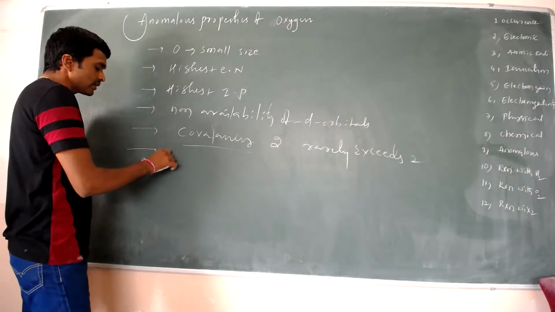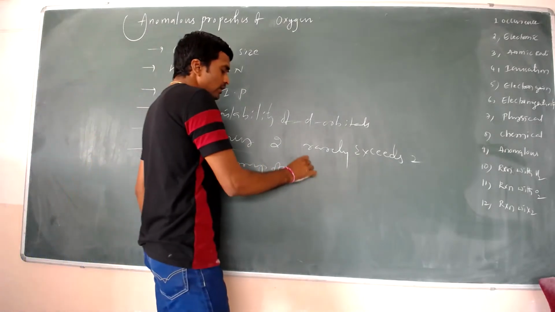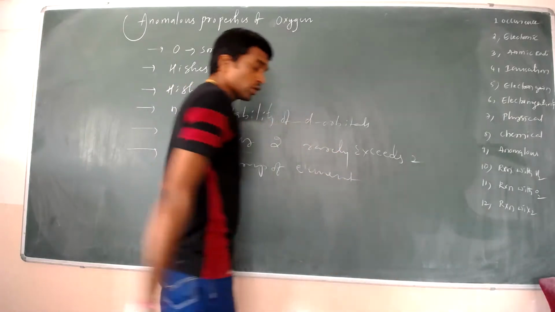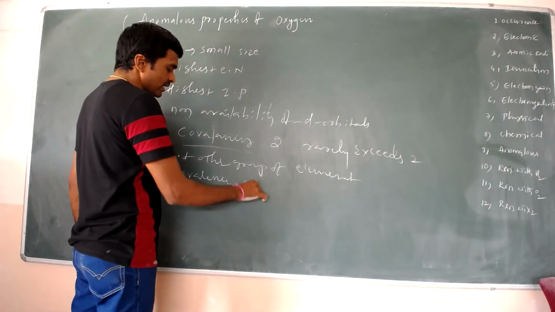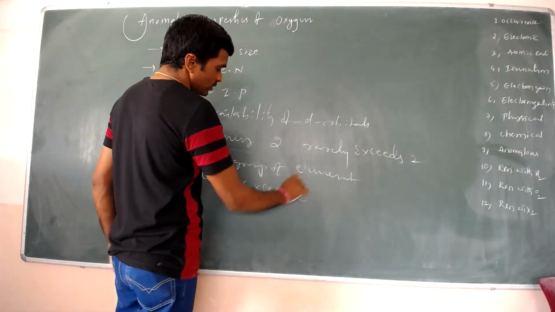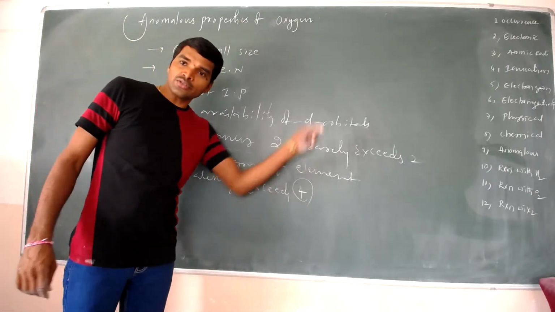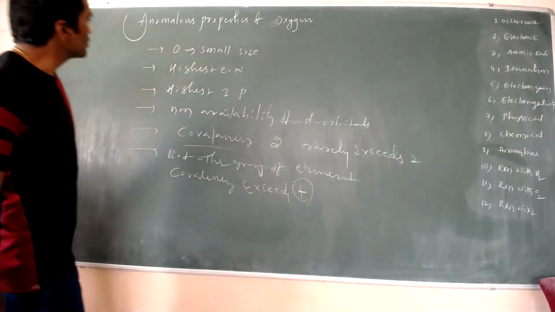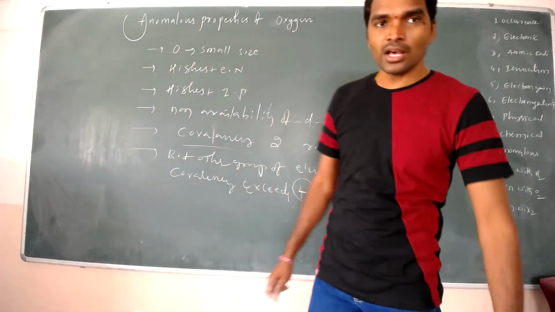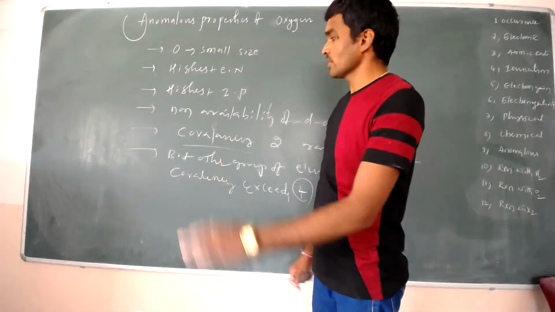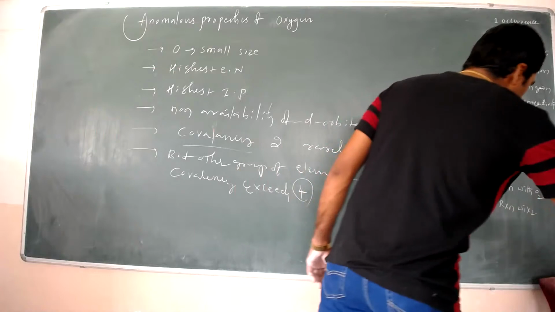But for the other elements of the group, the covalency exceeds 4. Okay, so these are some important anomalous properties of oxygen, right.